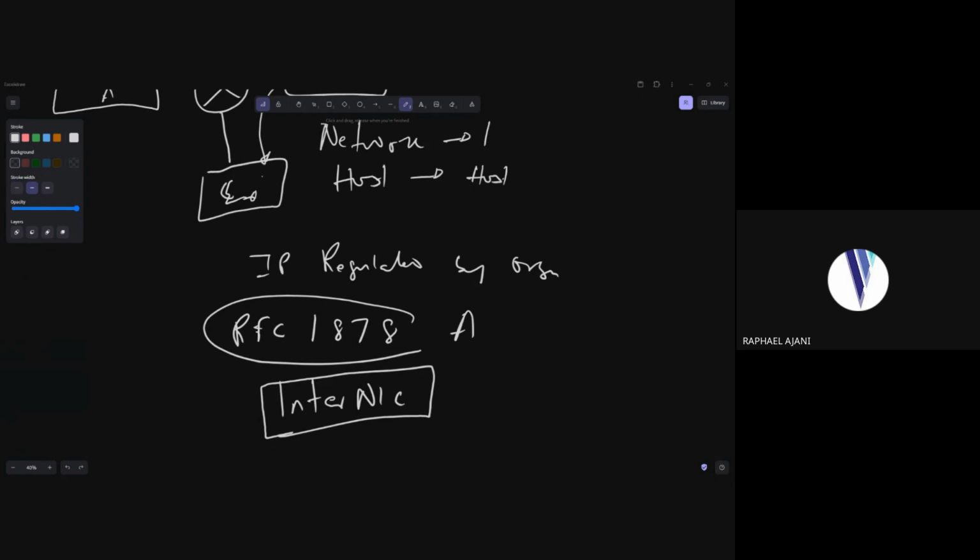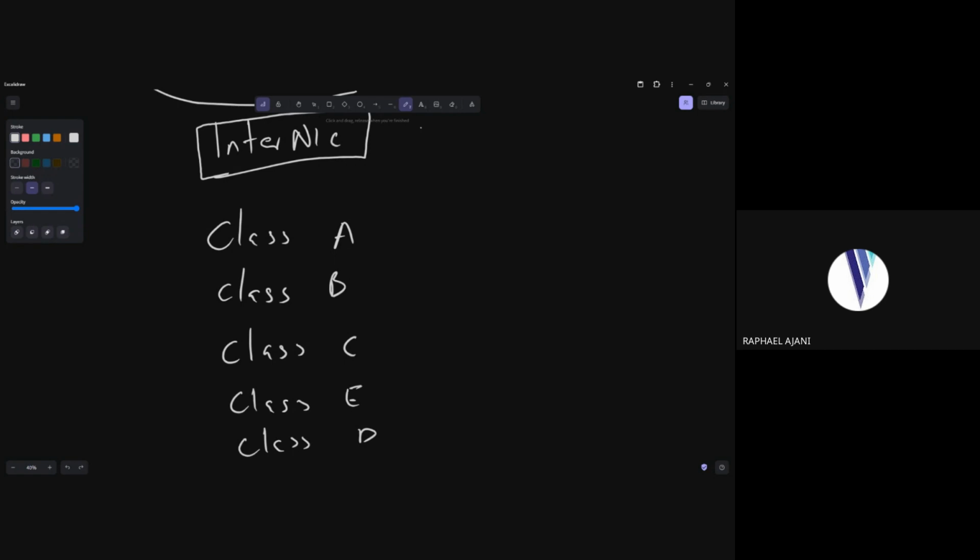Now, the classification of an IP addressing starts with class A. The highest class is class A. The second one is class B. The third one is class C. We have class E and class D. At this level, or this class of IP, they are like the highest level.